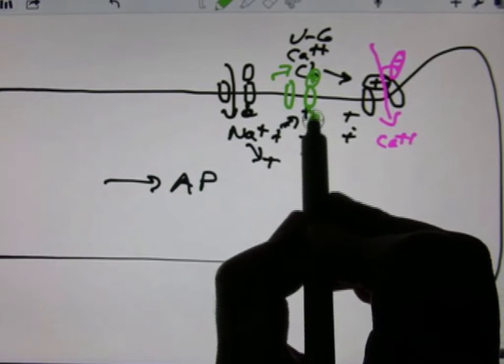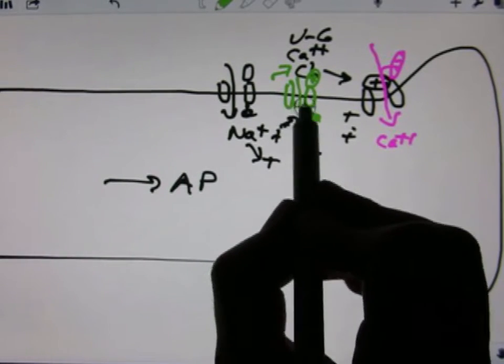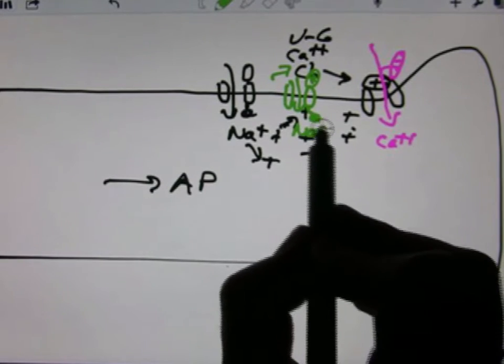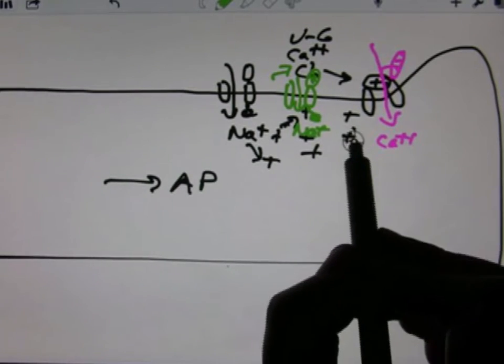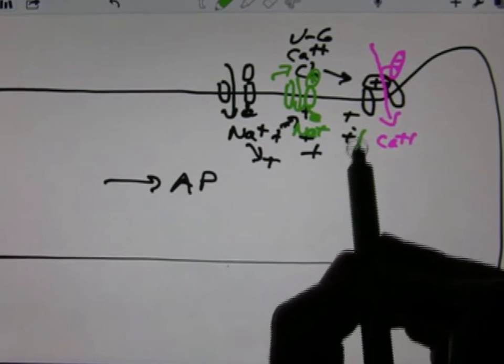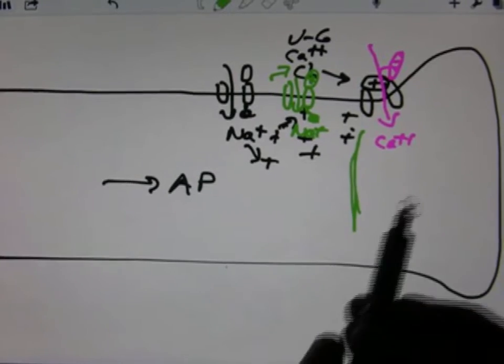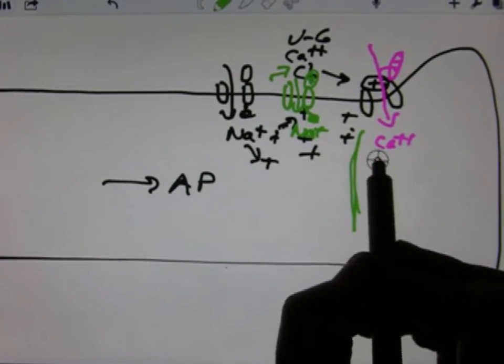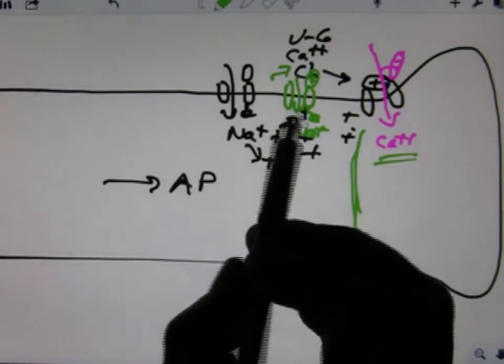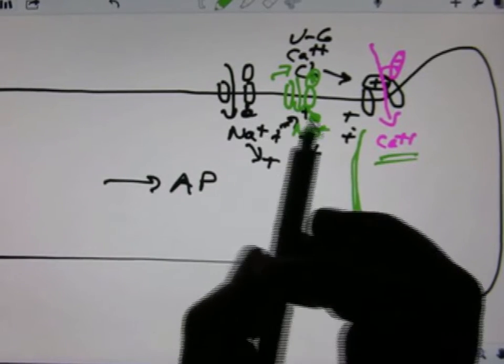So here's another voltage-gated sodium channel, sodium coming in. And the action potential would be ending down here, where you stop having voltage-gated sodium channels and voltage-gated potassium channels expressed. But at the end of that action potential, sodium would be coming in. Okay, so this is the first half of the action potential.